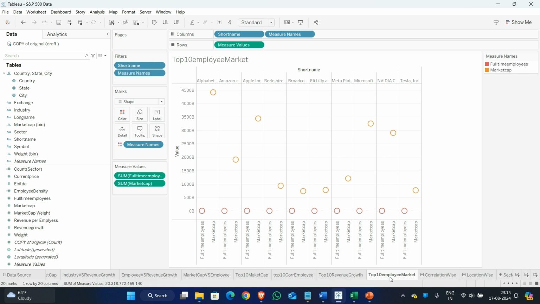Moving on to the employment market, this is a side by side chart with full time employees and what is the market cap of these companies. You can clearly see that Alphabet has the highest market cap, even though the employees are very low in number.